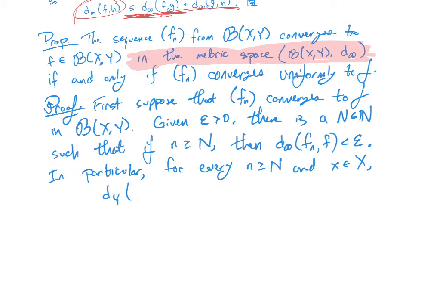The distance in Y between Fn of x and f of x is, by definition, at most the uniform metric distance between Fn and f, and we just said that is less than epsilon.